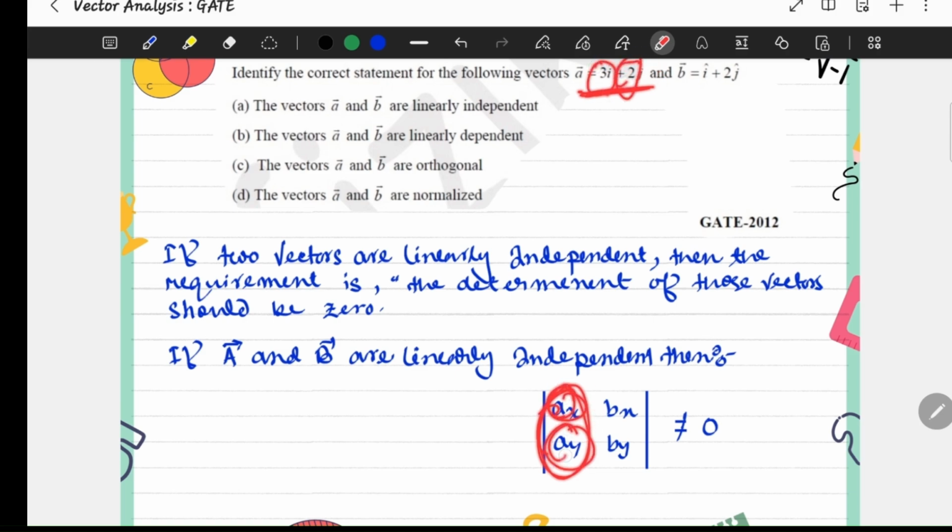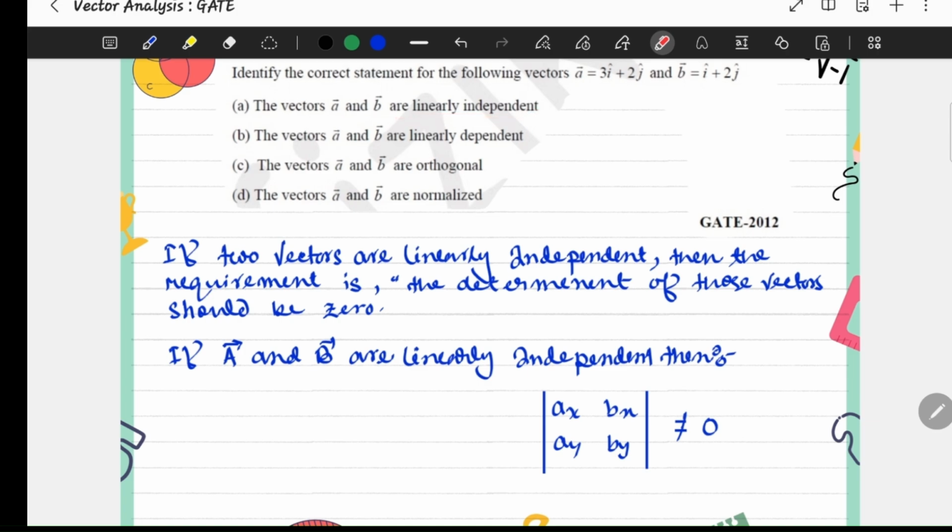The second one is the b vector, that is bx and by, and we are writing these vectors as a columnar matrix. If you calculate the determinant of this matrix and it is not equal to 0, then you can tell that it is linearly independent.